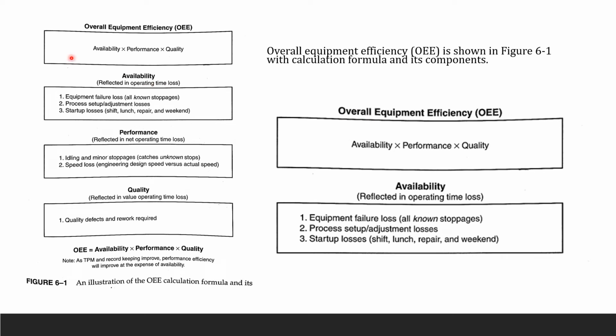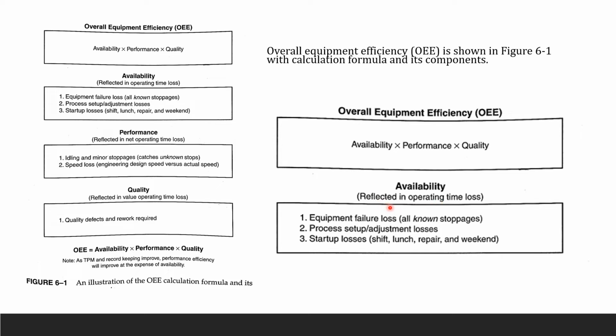When you look at your overall equipment efficiency, this is figure 6.1. It's showing you the OEE calculation formula and its components. OEE is the multiplication of your three factors: availability, performance, and quality.